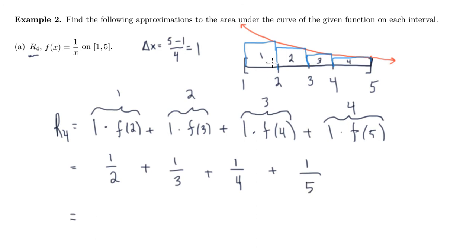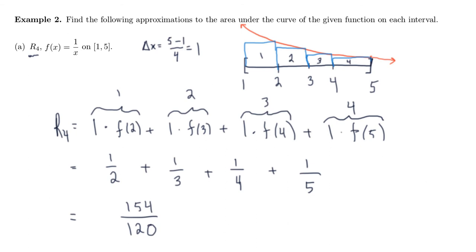So if I just add up the area of these 4 rectangles, what do I get? Well, I get 154 over 120, if I just simply do the addition of the fractions, so a little bit more than 1. Maybe about, I don't know, a little bit more than 1.25.